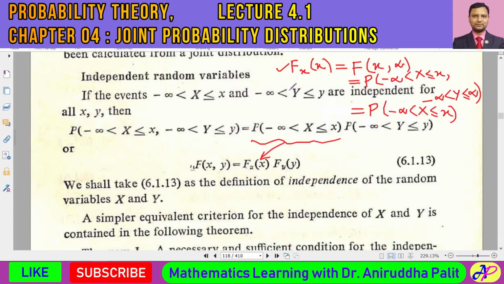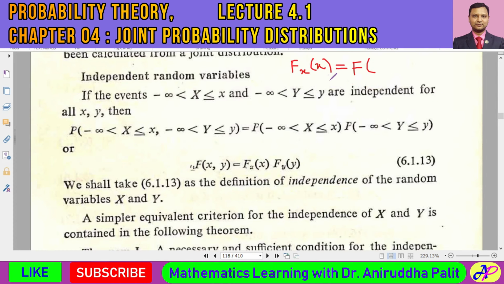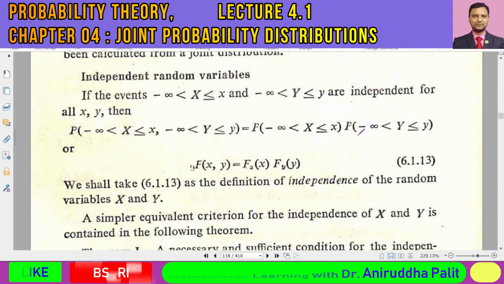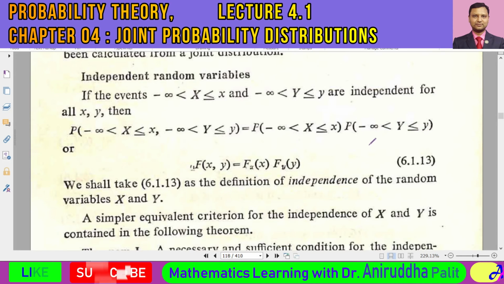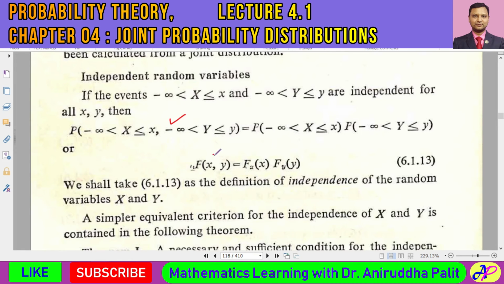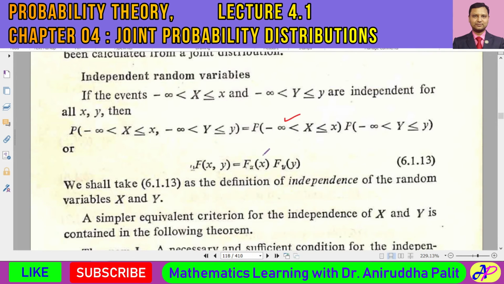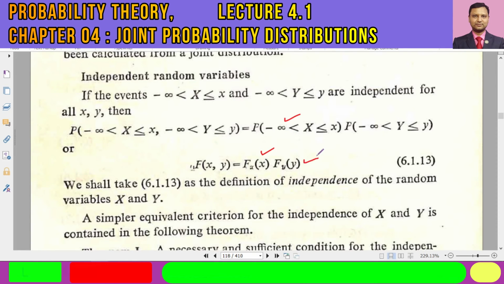And similarly, the probability that minus infinity less than capital Y less than or equal to small y should be replaced by the corresponding marginal distribution. So equivalently, this is the distribution function obtained from the joint probability distribution, and these are the values of the marginal distributions.